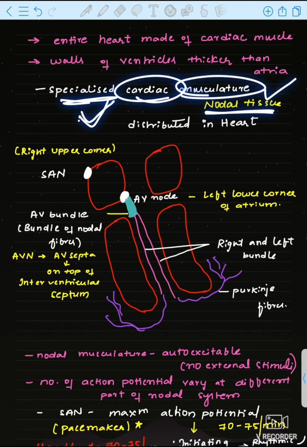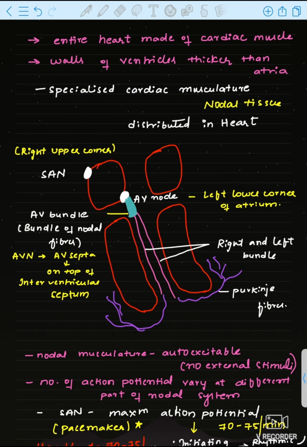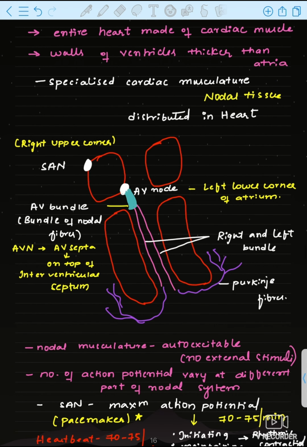So what are those specialized cardiac musculature structures in the heart? Those are the SAN, which means sinoatrial node, the AV node and the AV bundle.